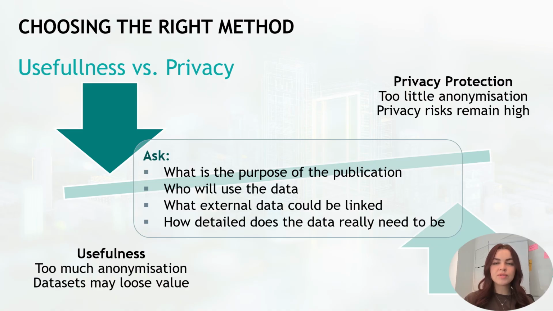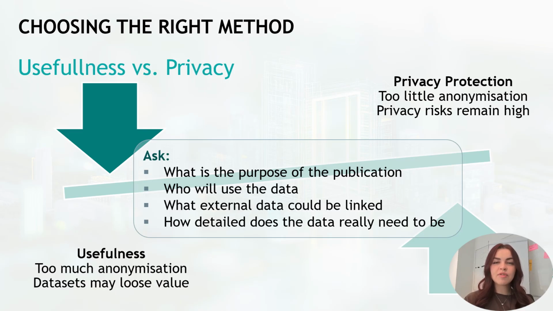Anonymization always involves a trade-off. If too little is changed, individuals may remain identifiable. If too much is removed or generalized, the data may become too vague to be useful. This is why publication purpose matters.